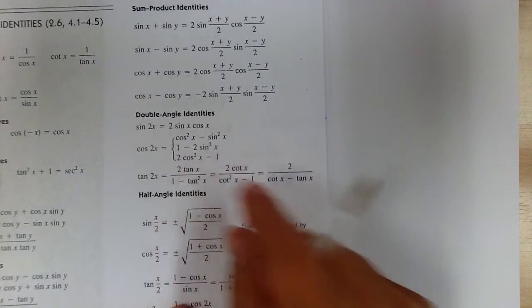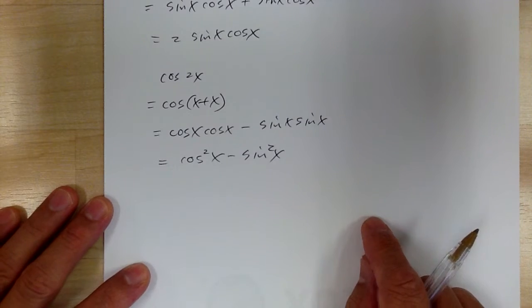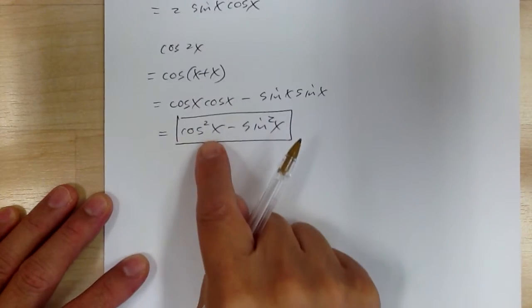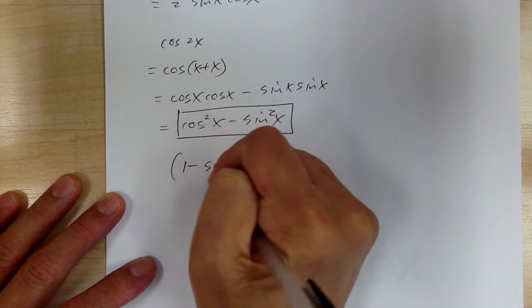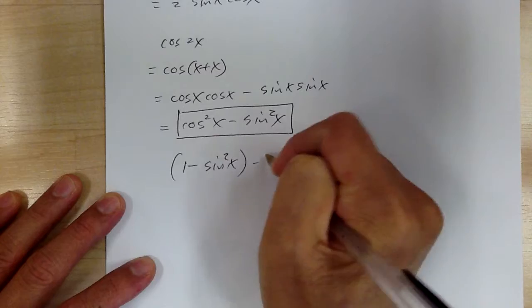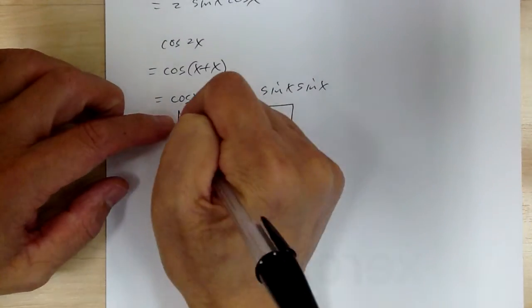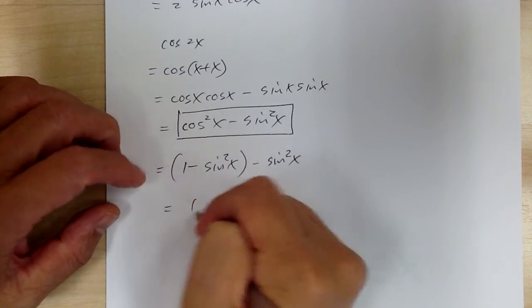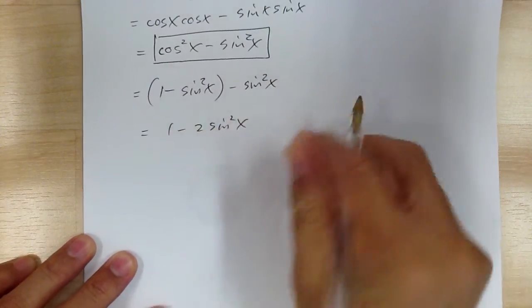You can see that you can have different forms, and the way they get the other two forms is by converting. This is the first one. Now if you change the cosine square into 1 minus sine square, you get this one, and that's how you end up with 1 minus 2 sine square x.